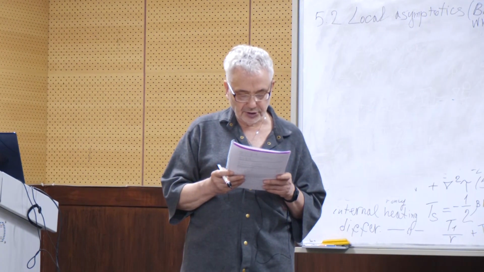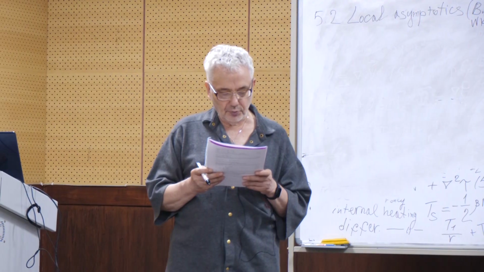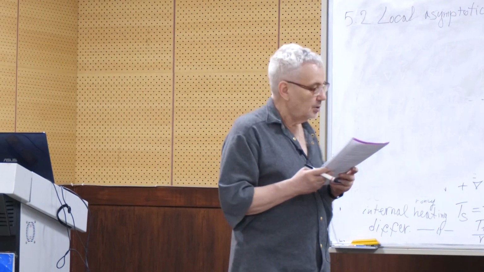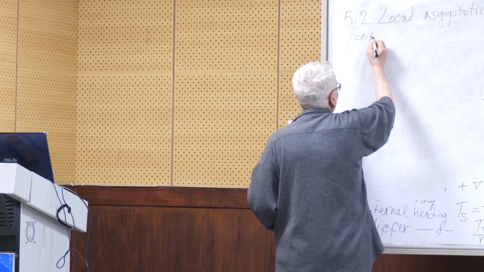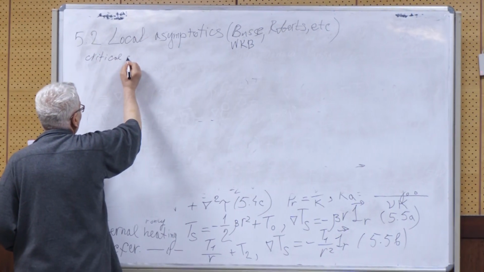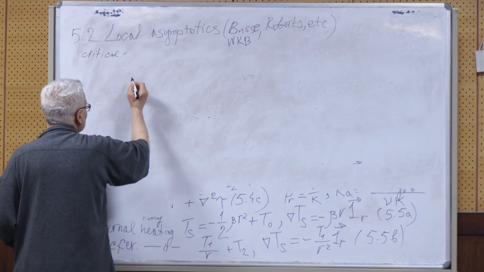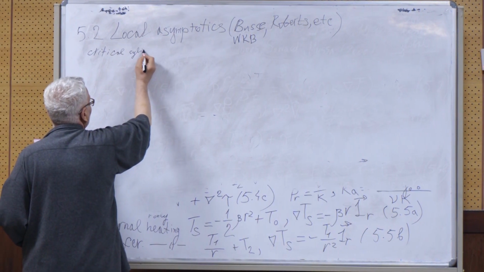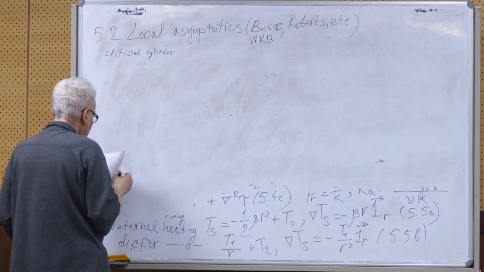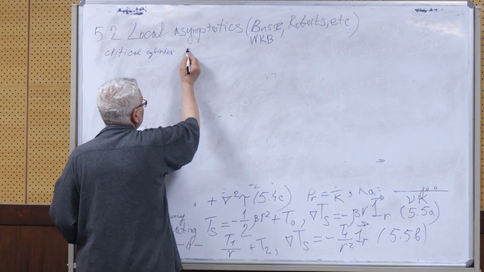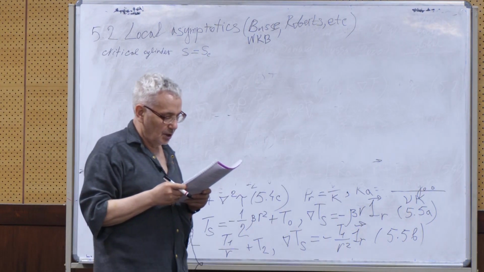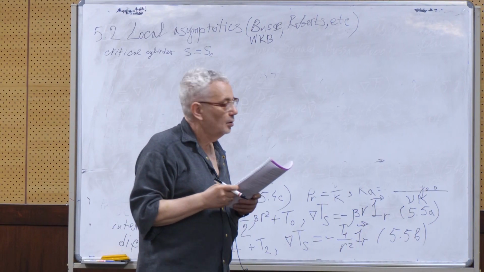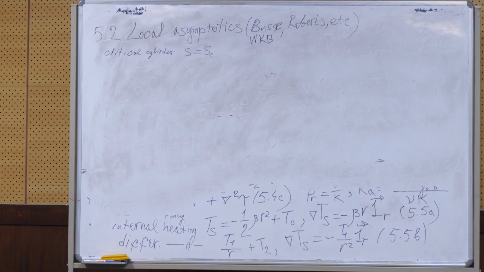So the basis of the Roberts-Busse local theory is the assumption that the onset of convection is in the neighborhood of a critical cylinder. So there is some critical cylinder, s equal to s critical, equation 5.4, which we got before that.